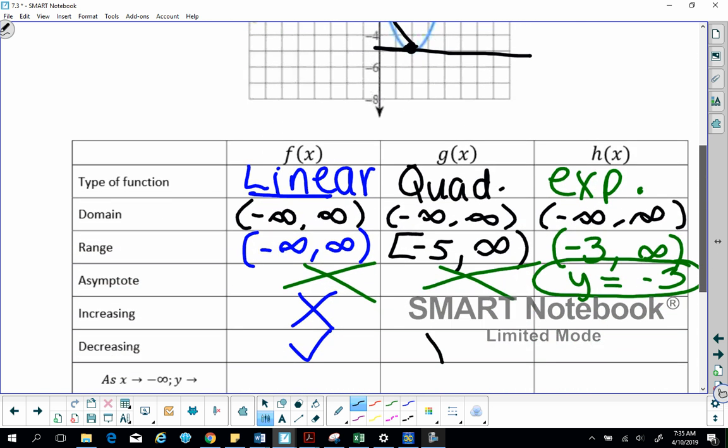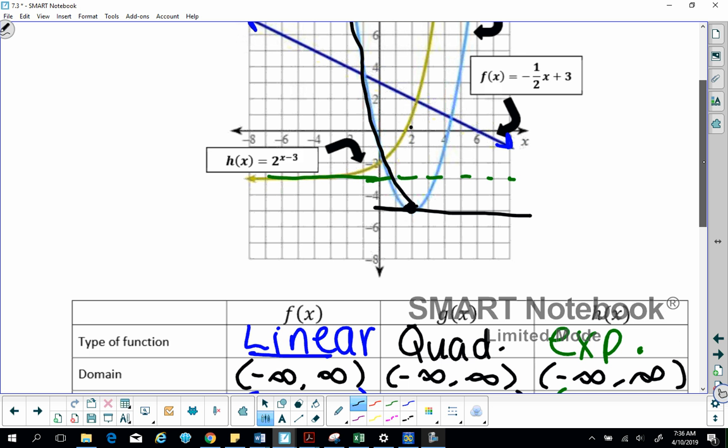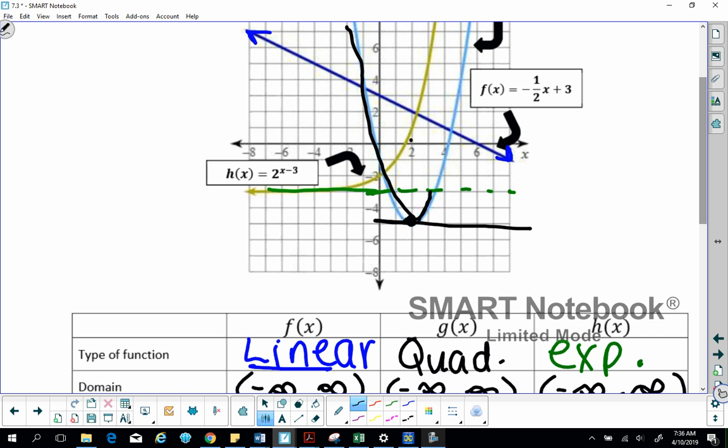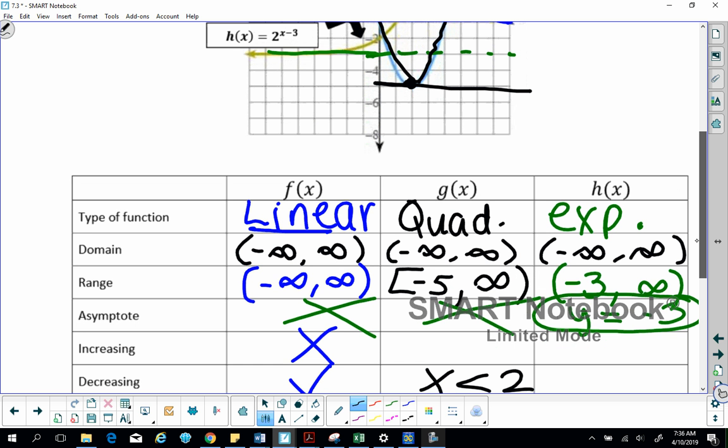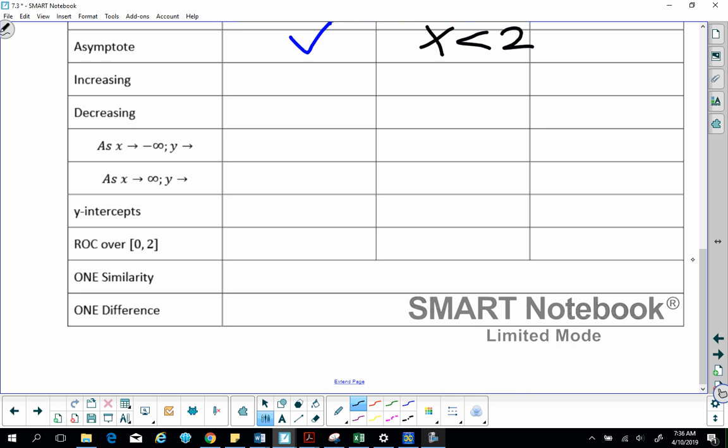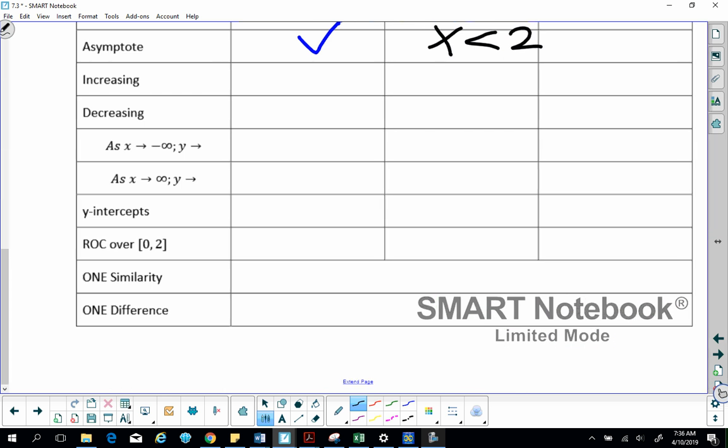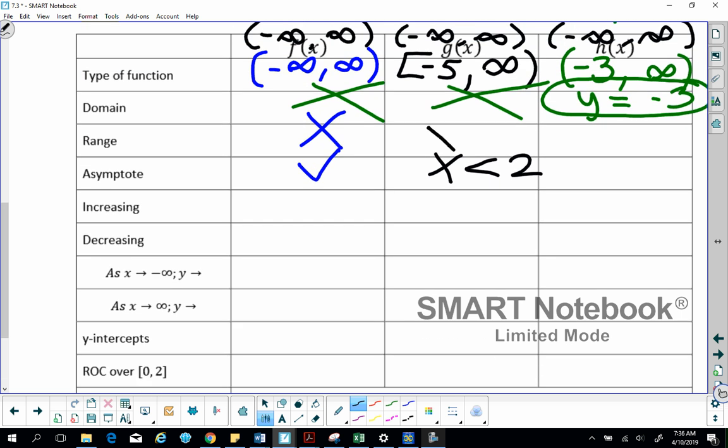Then it goes to that vertex and bumps up, and then what happens with it? Increases, right? So when all the x's are greater than 2, it's increasing. Does that make sense? That's because a parabola goes up and down.